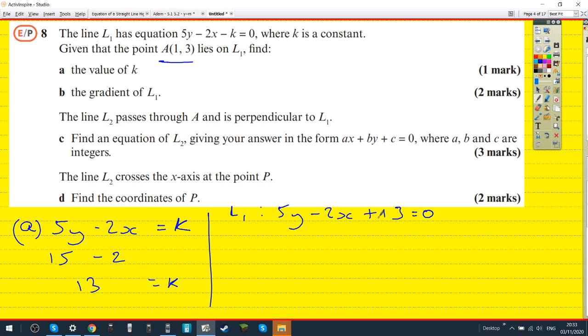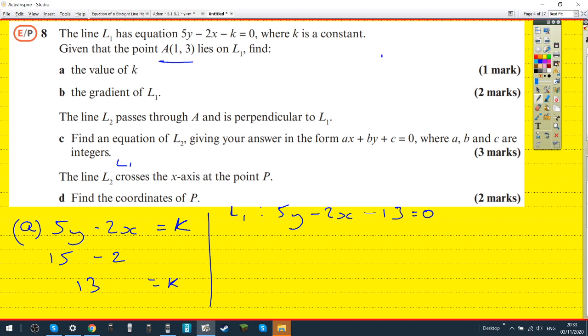Might be minus 13. Yeah, I think it's minus 13 because that was a minus. So imagine the question was: the line L1 crosses the x-axis at the point P. Find the coordinates of P. How do we find out where this line crosses the x-axis?